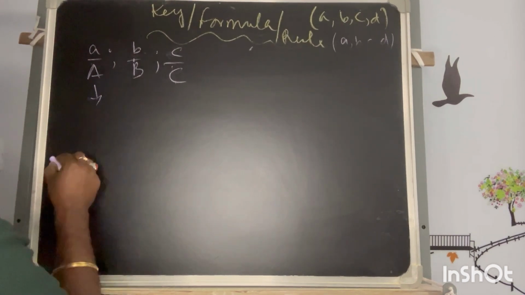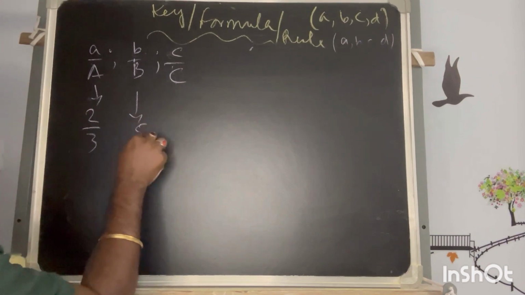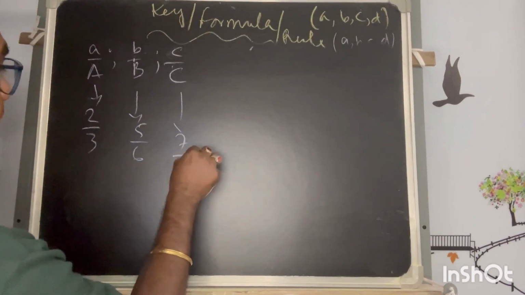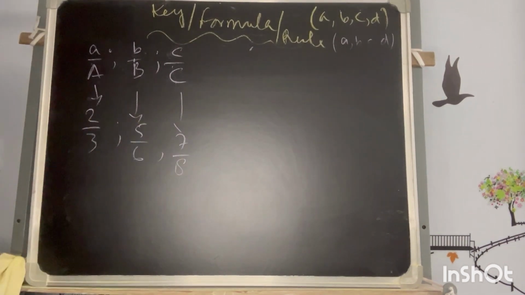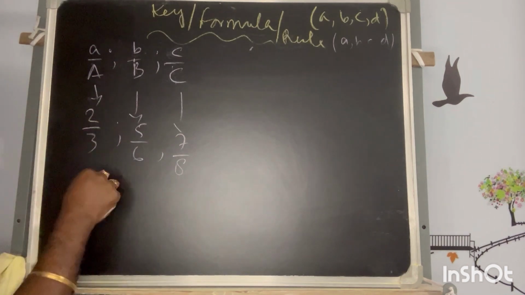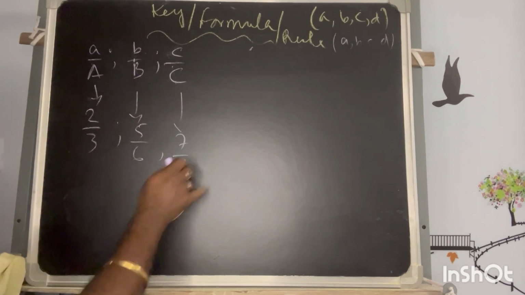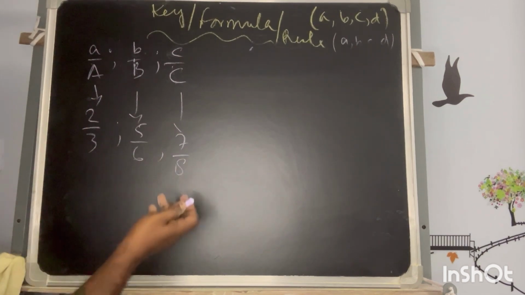Let it be 2 by 3, let it be 5 by 6, let it be 7 by 8. I am taking any random numbers, and to find which one is highest and lowest, first we have to do the LCM.